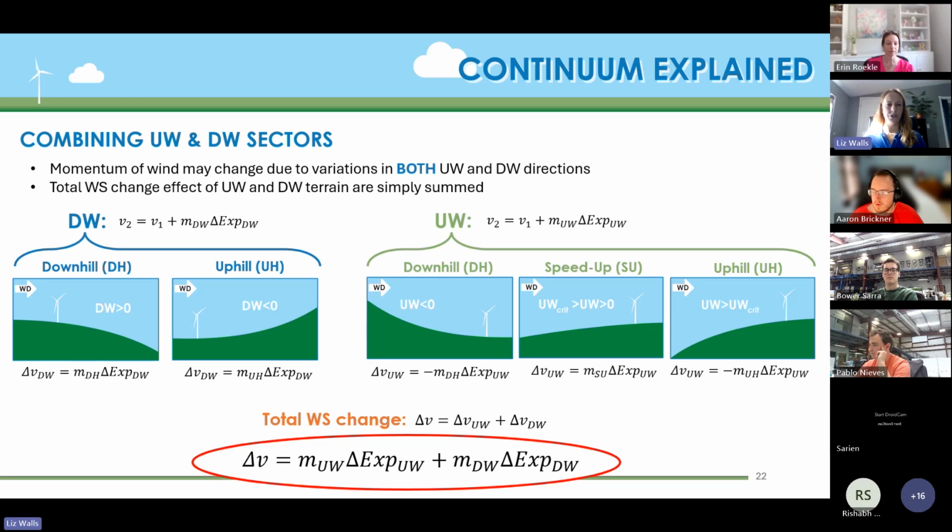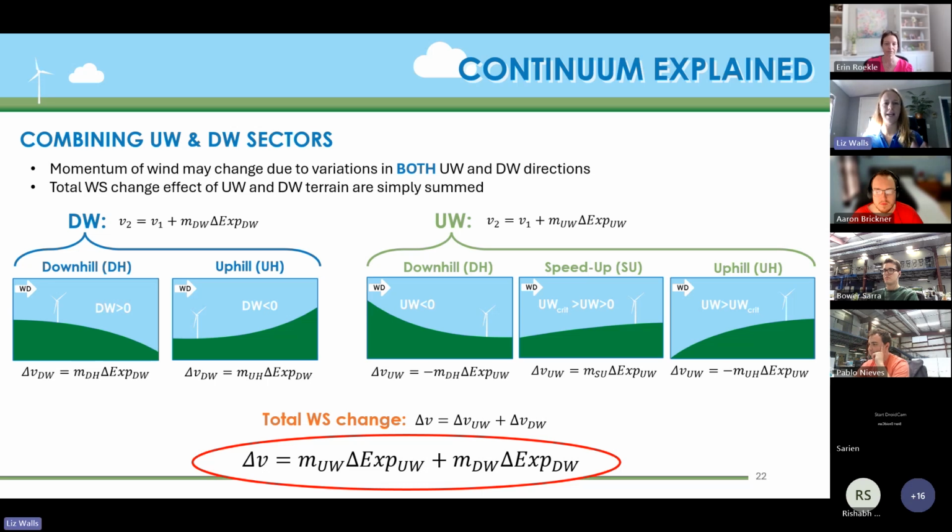And so these would be the two equations that are used to estimate the change in wind speed due to changes in downhill flow in the downwind direction. And this is the equation for the change in wind speed due to the changes in the downwind direction when there's uphill flow. You'll notice the subscripts here are different. We have DH and UH. So we have different exponents that determine the sensitivity of the wind speed to changes in the exposure for downhill flow versus uphill flow, because they are not always, but sometimes, different.